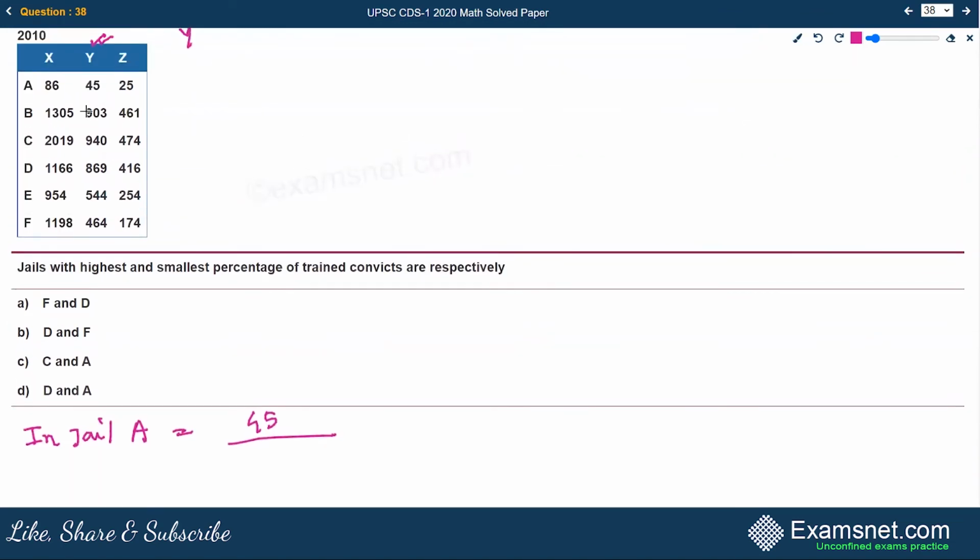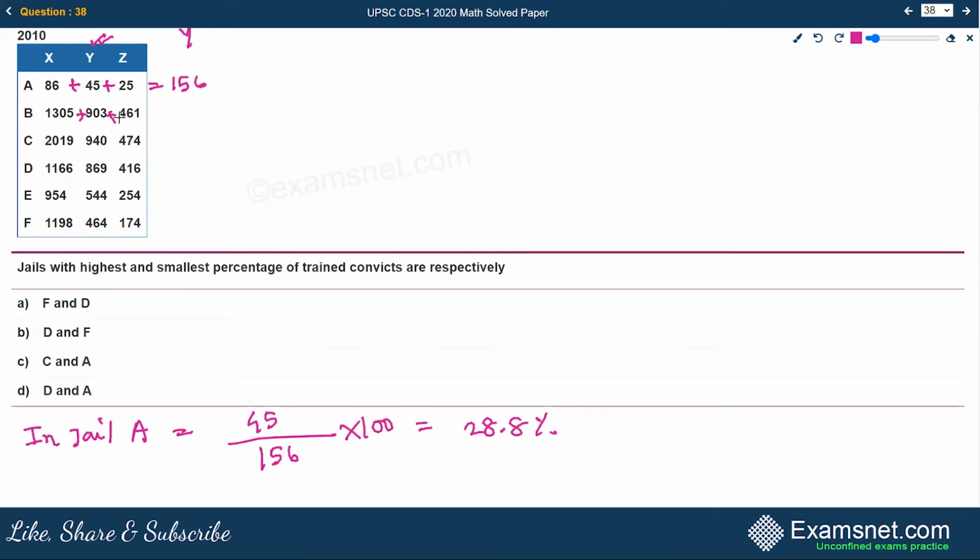To get the total, we add all these values, that is 86 plus 45 plus 25, which gives 156. So 45 by 156 multiplied by 100 will give us the value 28.8%.